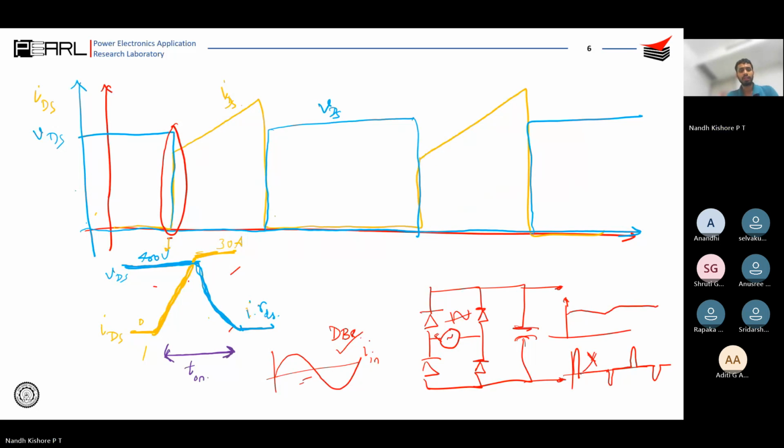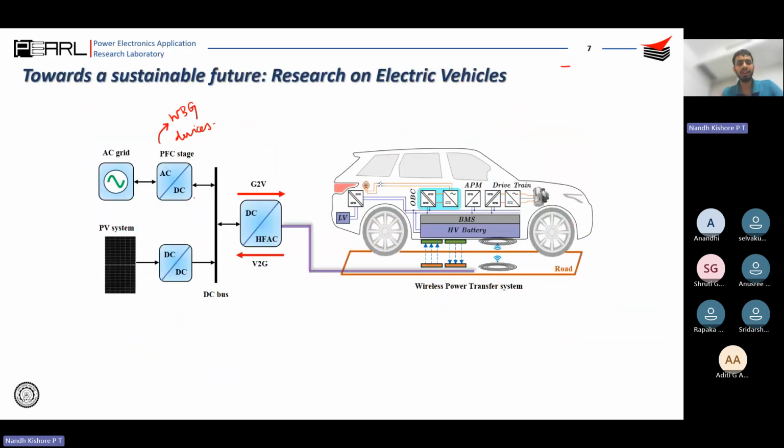Okay, right. So either you convert AC into DC, or you can have a solar PV inverter that will convert DC into another voltage DC, right? So either way you get a DC bus over here. Then you convert DC into high frequency AC.